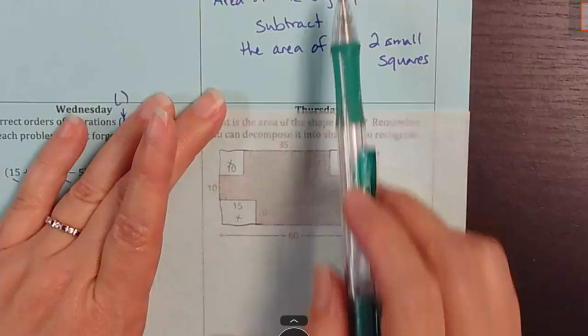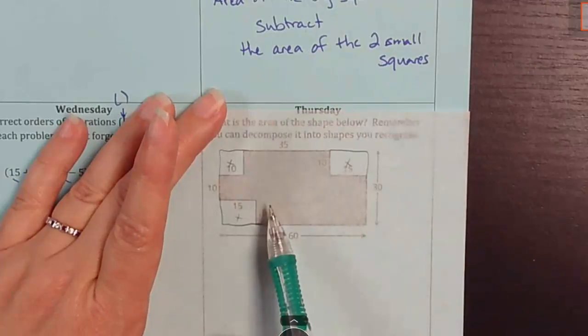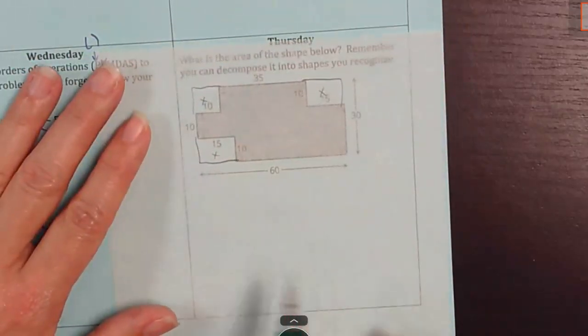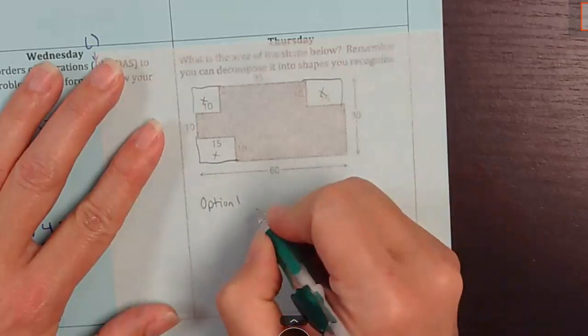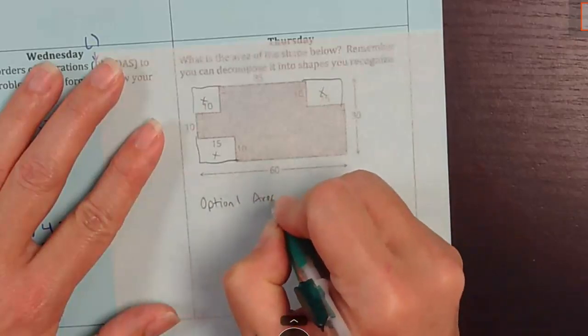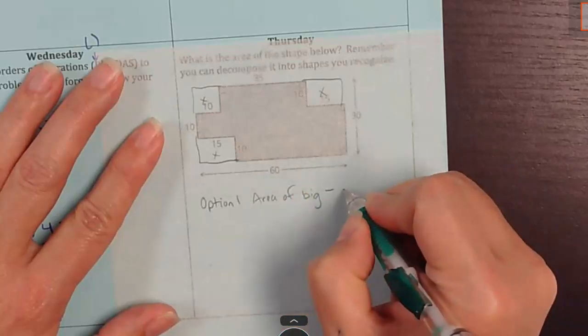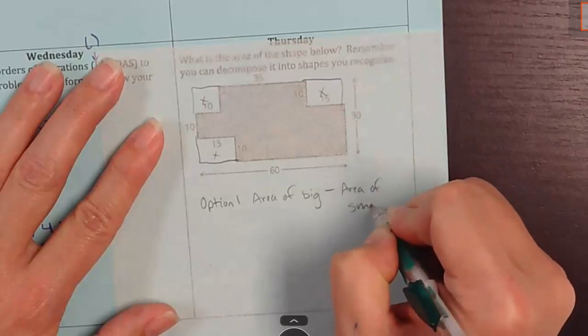So just like the one above, find the area of the big, subtract out the small. So that's option 1. So here we'll write option 1. Get the area of the big and subtract out the area of the small. All the small ones. You have to do all 3.